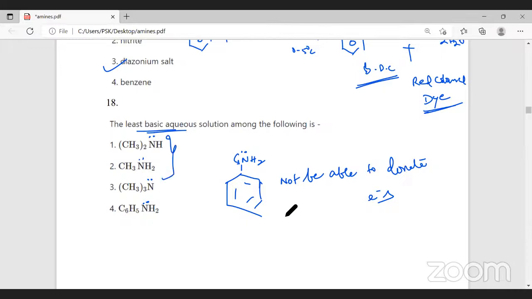This is due to resonance. Due to resonance, there will be no electrons available on nitrogen. Therefore, the basicity of this will be the least. So amongst these, the basicity of aniline is least. Hence, the answer for this question is option 4.